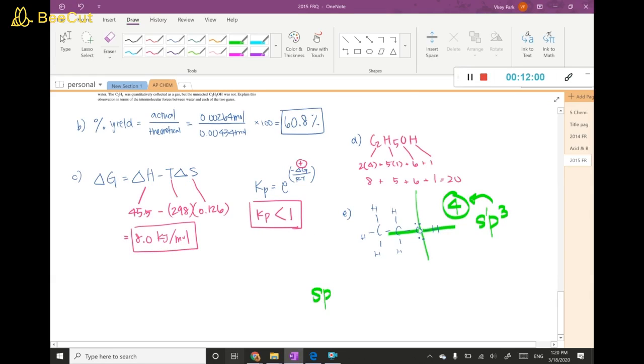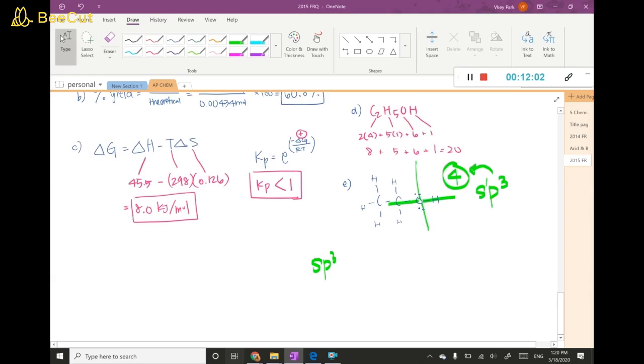So if it's SP3 VSEPR, remember in SP3 VSEPR, we have tetrahedral, something that looks like this, and that would be 109 degrees, right? And then if I were to substitute one of those with a lone pair, it'll be like NH3, like so, right?